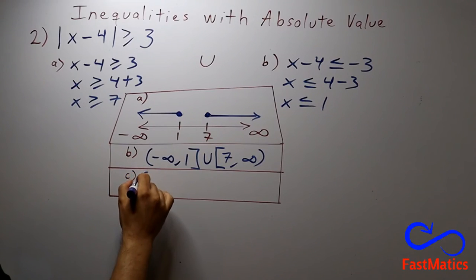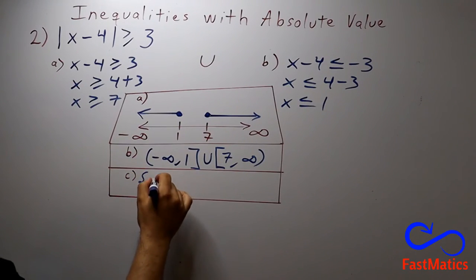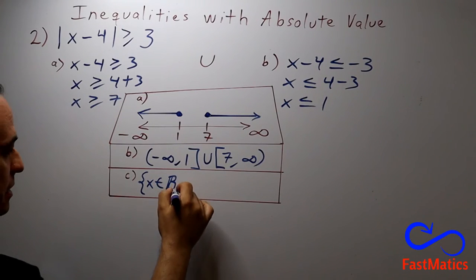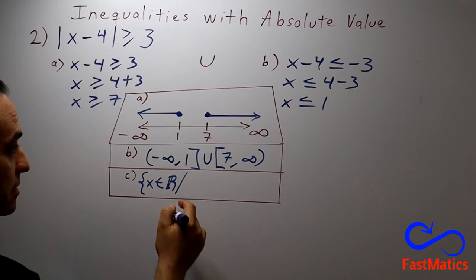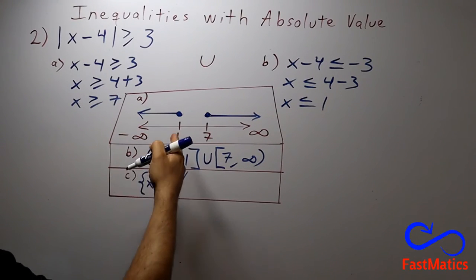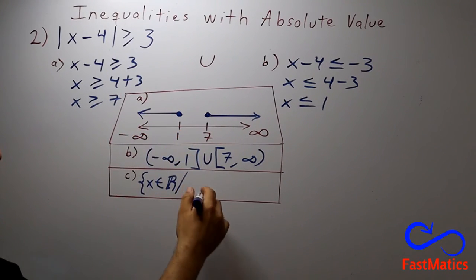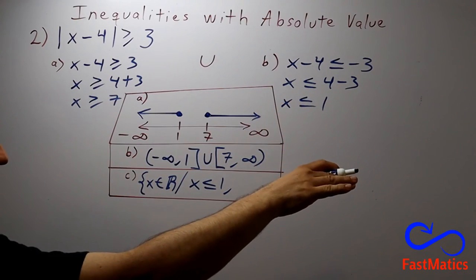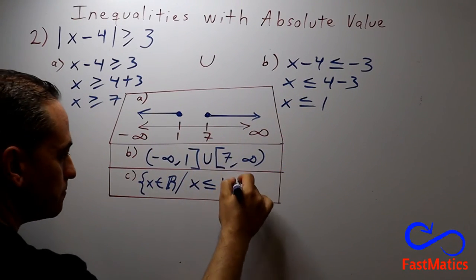And finally, the set of numbers that are elements of the real numbers set such that, and here you have numbers on the left side less than or equal to 1, and numbers greater than or equal to 7.